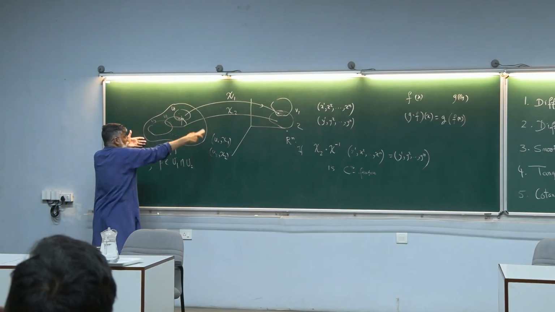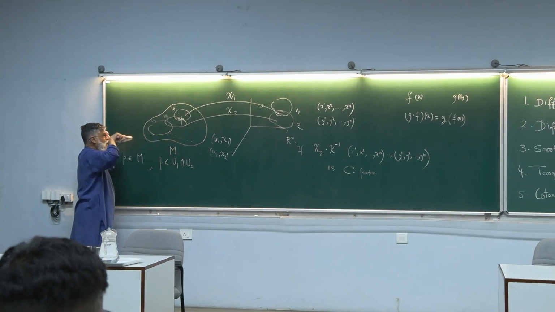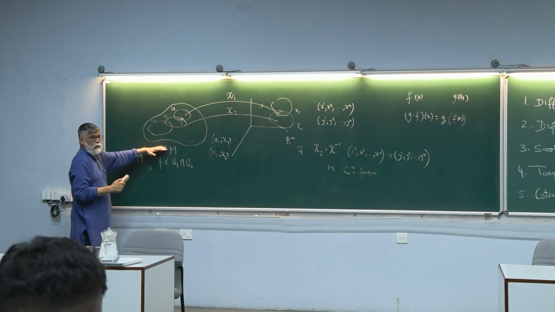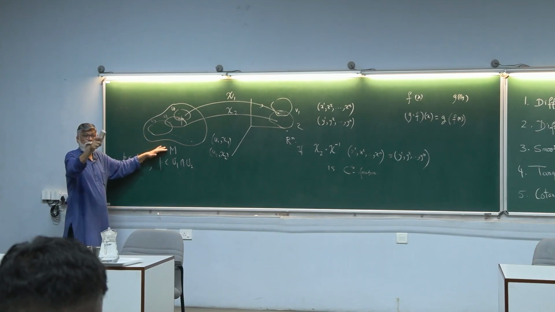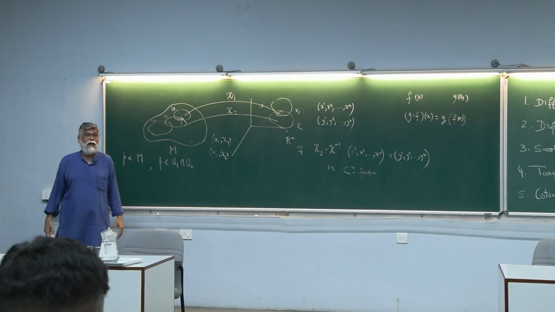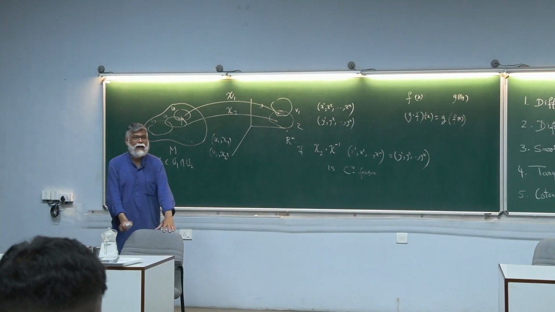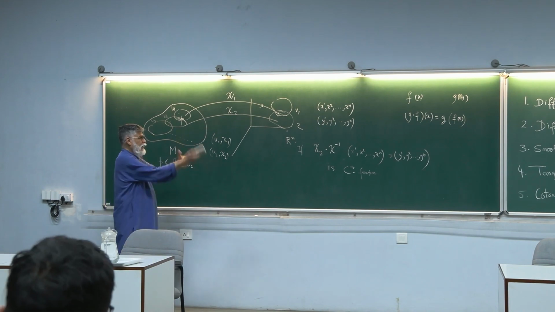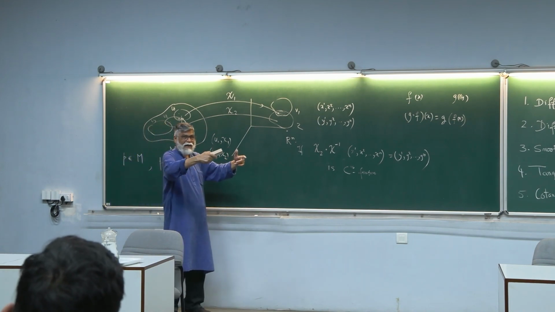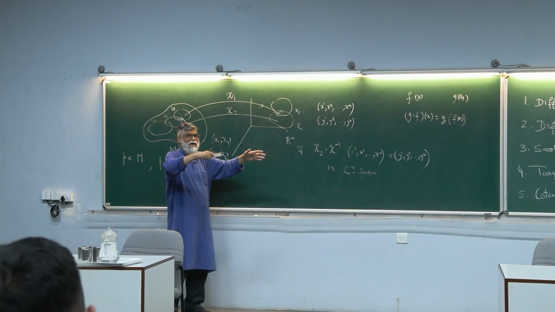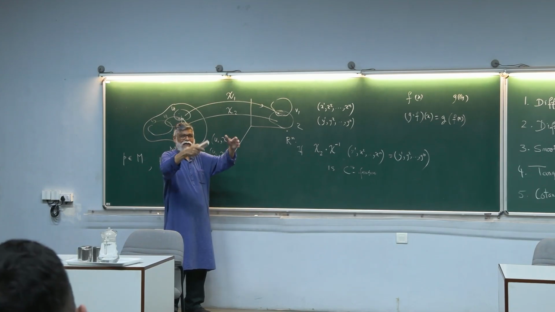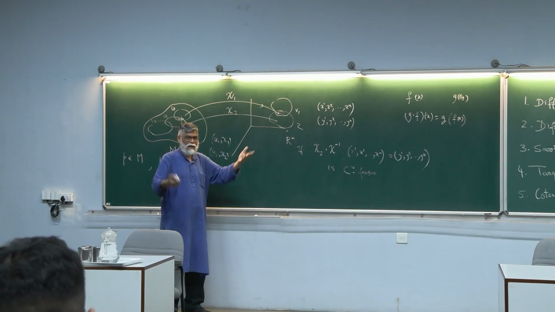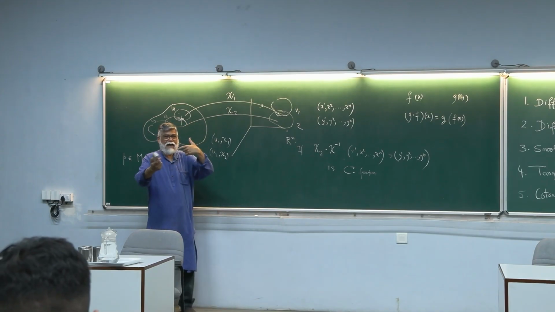Atlas is a collection of all the charts that cover the entire manifold M. So definition includes the other part as well, where you take chi. Oh yeah, of course, correct. So therefore, the other way around, that is y1, y2, yn can also be written as chi1 composition chi2 inverse. So yeah, both ways when they are infinitely differentiable.